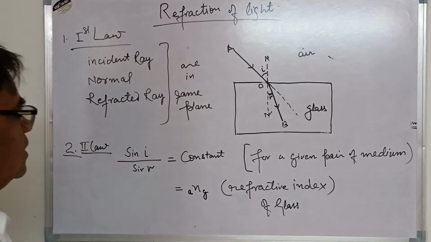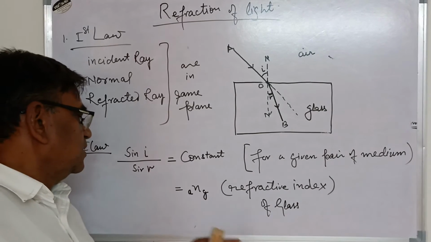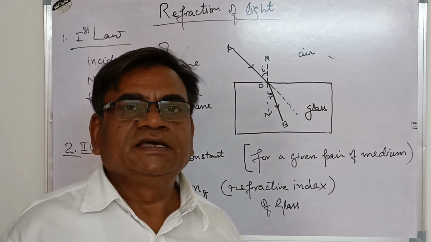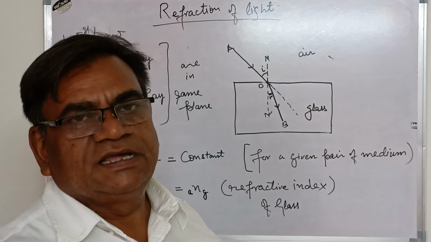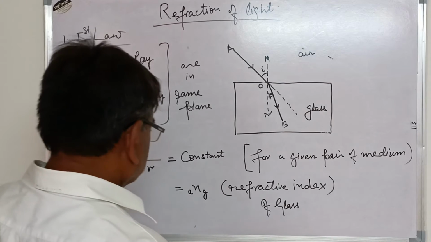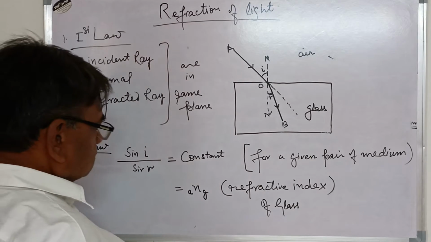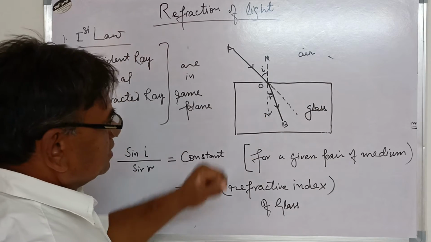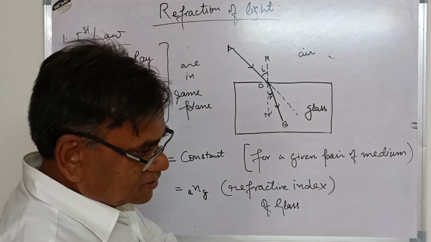Why have we taken the refractive index of glass? Because air is taken as a reference. The refractive index of air is taken as 1. So where n is written, it is always the refractive index of the second medium.